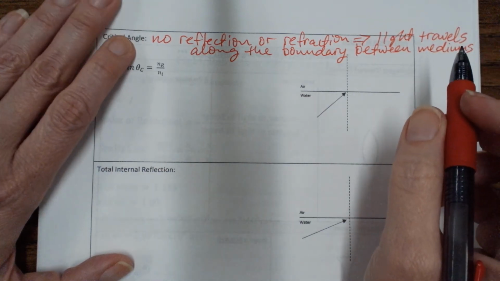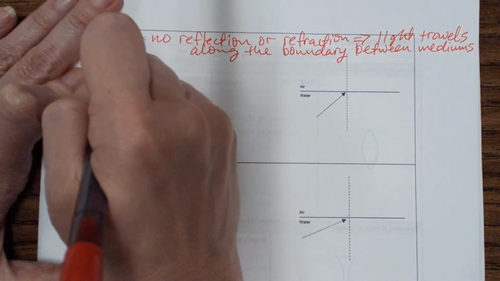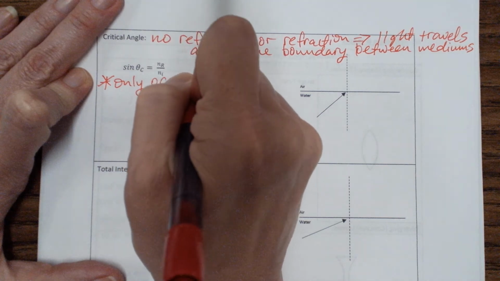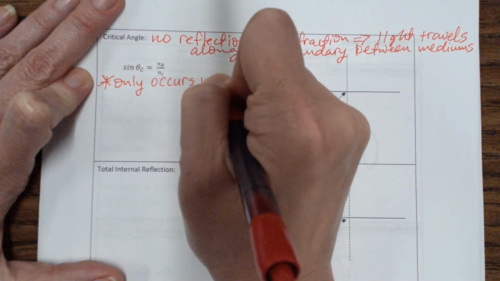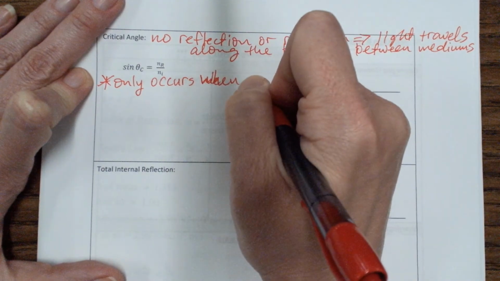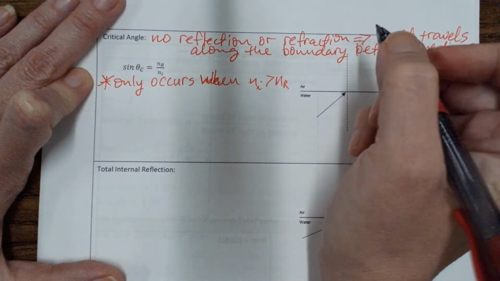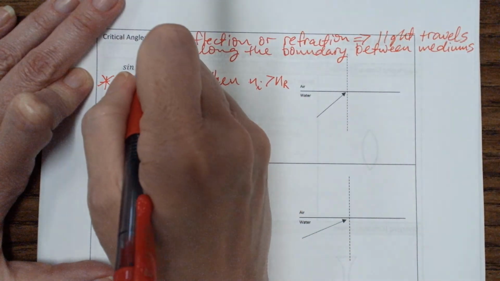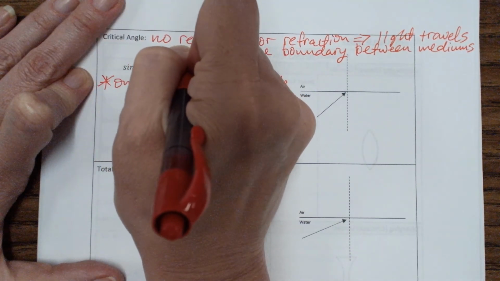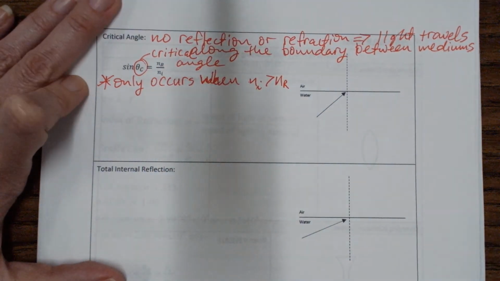This only occurs when Ni is greater than Nr. So this theta C right here, this is your critical angle.